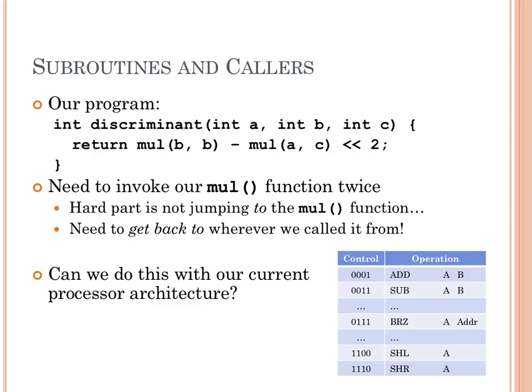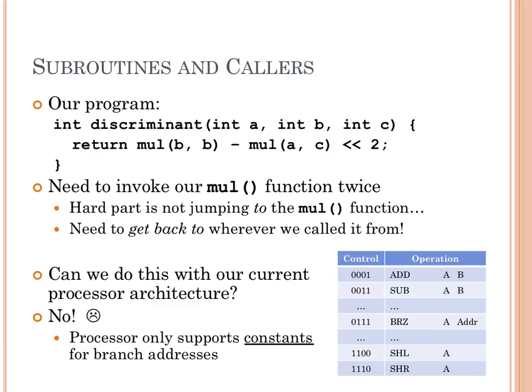If you had, for example, a little control flow thing at the end of mul and some little switch you passed in that said, oh, I'm calling it the first time, or I'm calling it the second, so mul would know where to go back to. That's hideous. Okay? You could do that. But the issue here is the processor only supports constants for branch addresses. We need a way of getting a variable in there somehow. Okay?